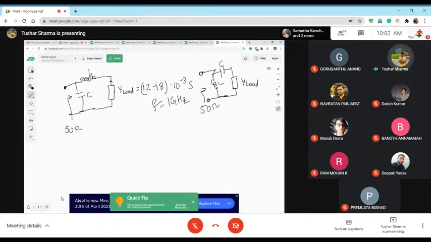Now, can somebody tell me, if I have Y load of this, how can I find the normalized impedance to mark on Smith chart? Any idea? I want answer. How will you do it? So I know Y and I want to plot this Y on Smith chart. Tell me, how will we plot this?